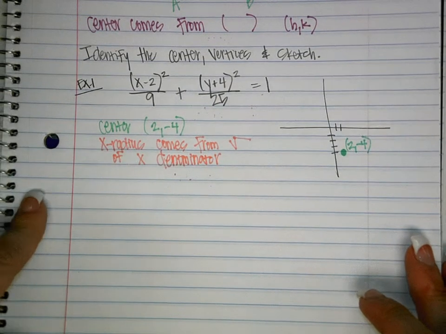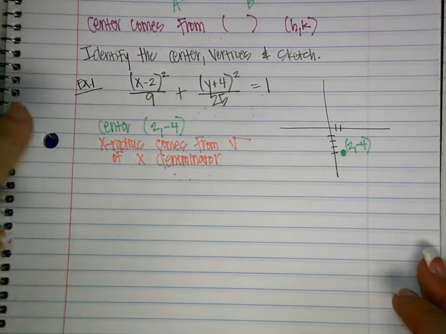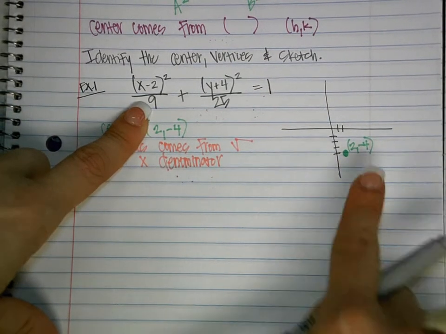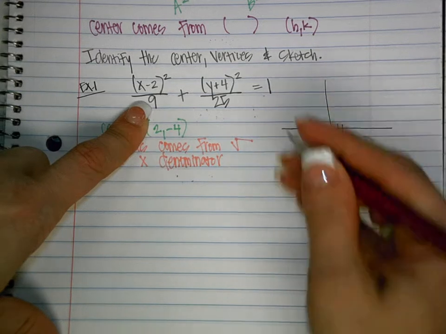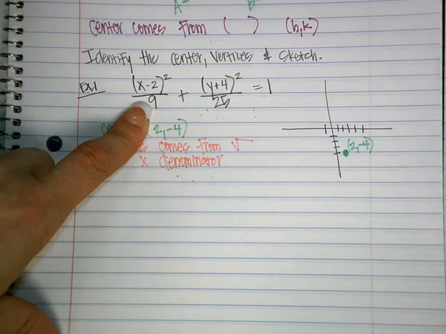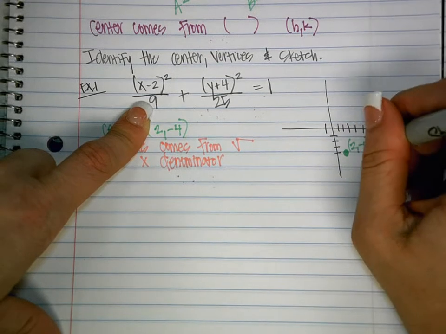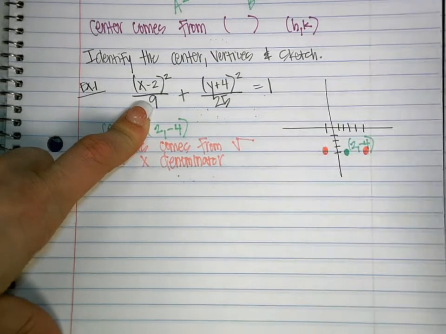So what is the x radius of this ellipse? 3. So on the x-axis, which is side to side, you move from your center 3 spaces in each direction and put a dot.